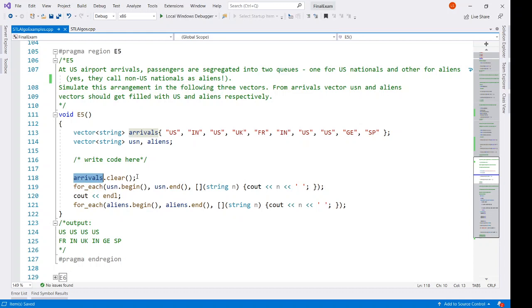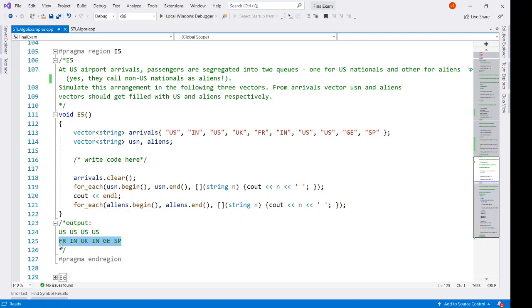So USN vector should have all the elements for US from the arrivals vector, and the remaining should go here.